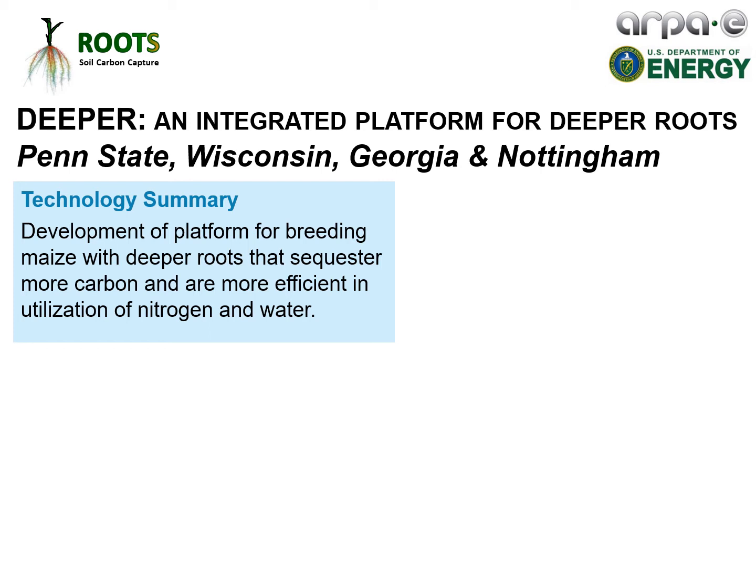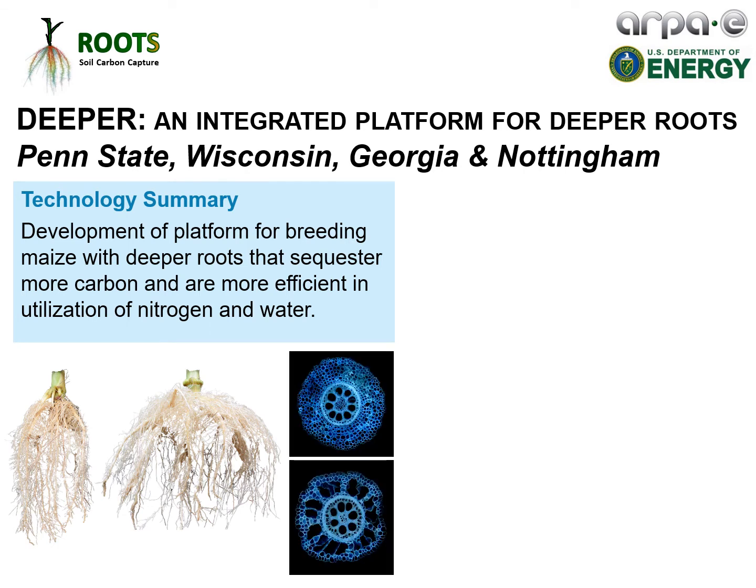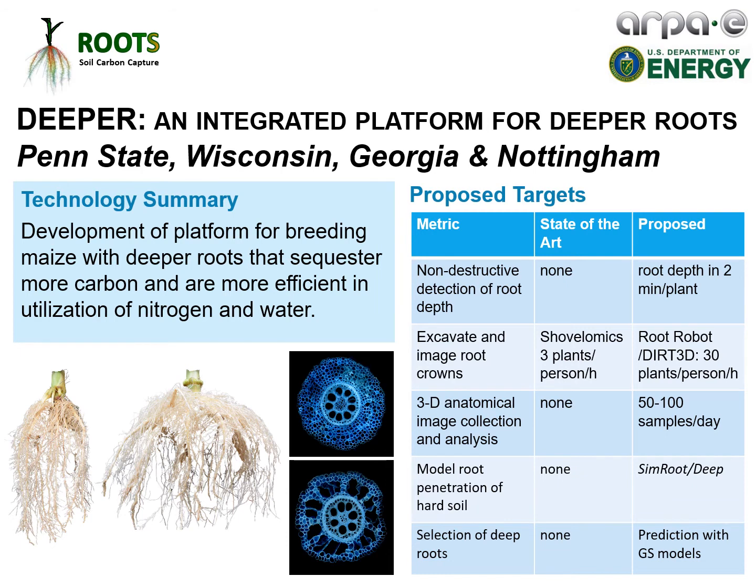So the idea behind this program is to develop advanced approaches to look at, for example, the architectural traits of maize varieties to identify deeper rooting varieties, and also look at anatomical traits which can confer deeper rooting. A whole series of these approaches are integrated within the program.